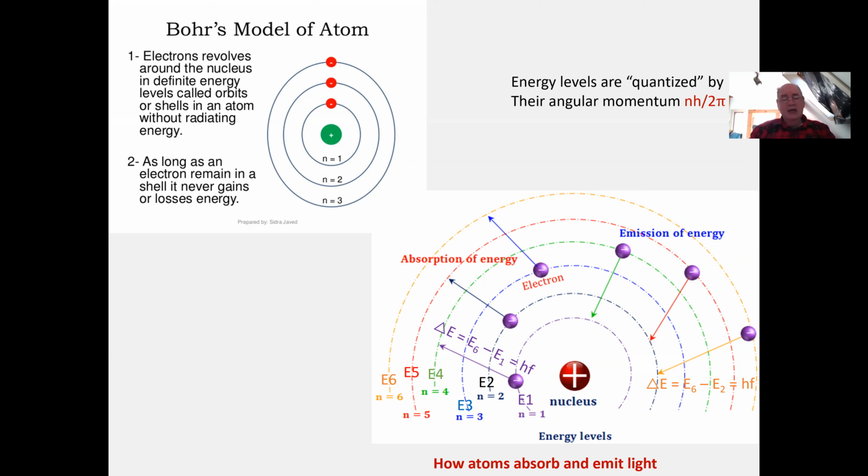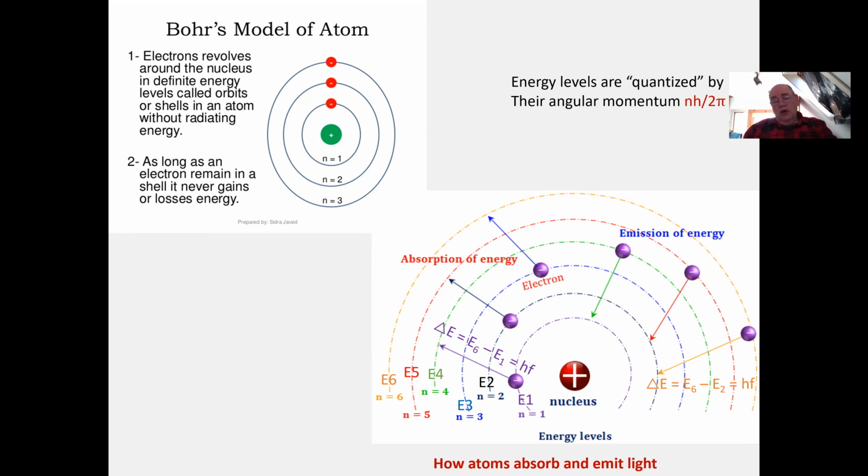And he sets that equal to multiples of h over 2 pi, where h is Planck's constant. I don't know exactly how he comes up with this, but the angular momentum of these various orbits can only be 1, 2, 3, 4 of those, and you can see it here. n times this unit of angular momentum.